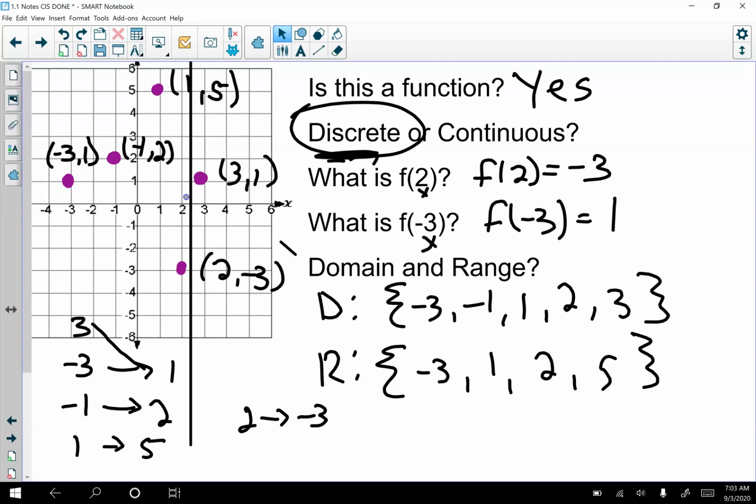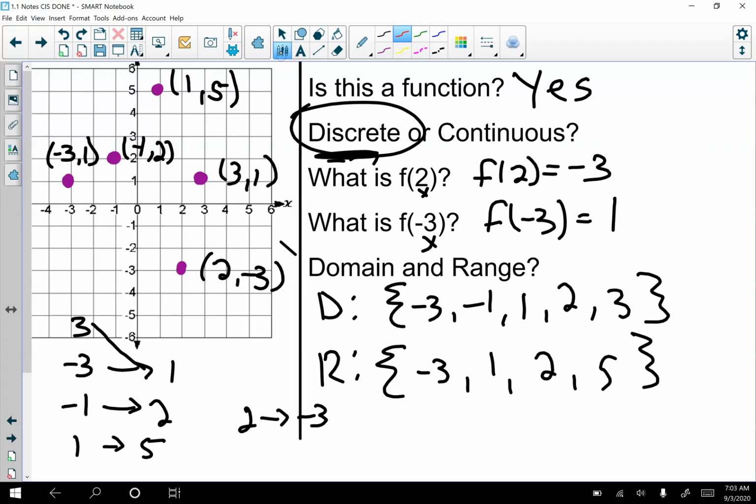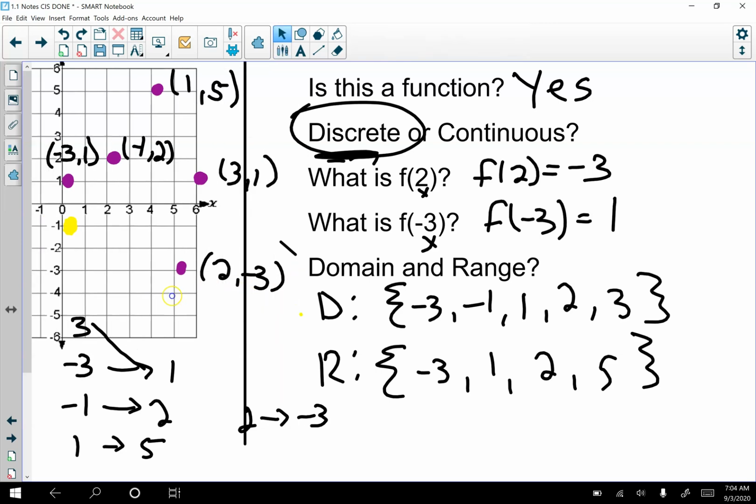Notice it only goes over 1 point at a time. So I would say this is a function because it passes the vertical line test. So what if I added another point right here? If I added another point right there, I would have to say that this does not pass the vertical line test.